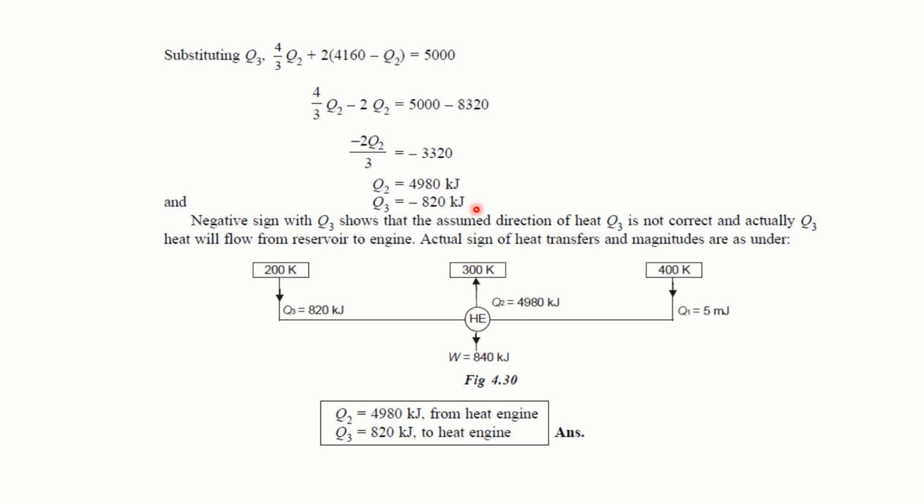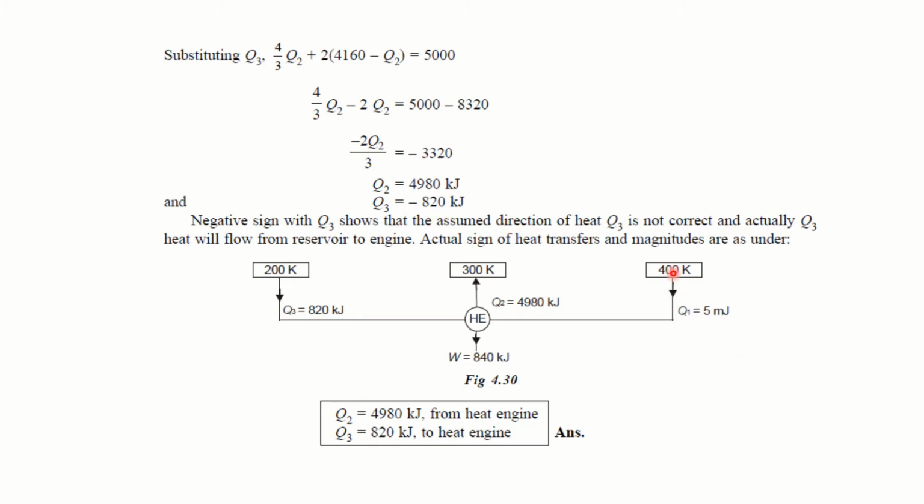So what is the meaning of these things? Actually, Q2 is positive and Q3 is negative. So heat rejected by a system is negative. Heat supplied to a system is positive.